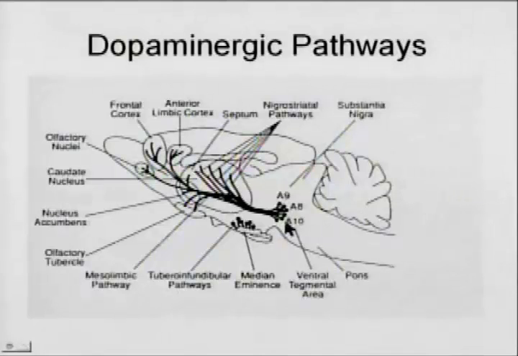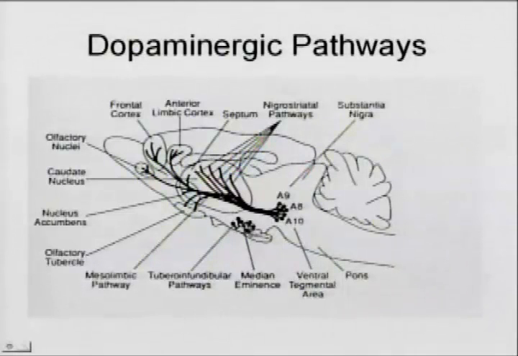The A10 is the ventral tegmental area, and that provides a lot of the dopamine to the hypothalamus, but also to the reward areas such as the nucleus accumbens that we had mentioned, as well as to the hippocampus and some of the cortical areas. The substantia nigra is the A9 collection of neurons providing the nigrostriatal pathway to the subcortical motor areas such as the striatum.